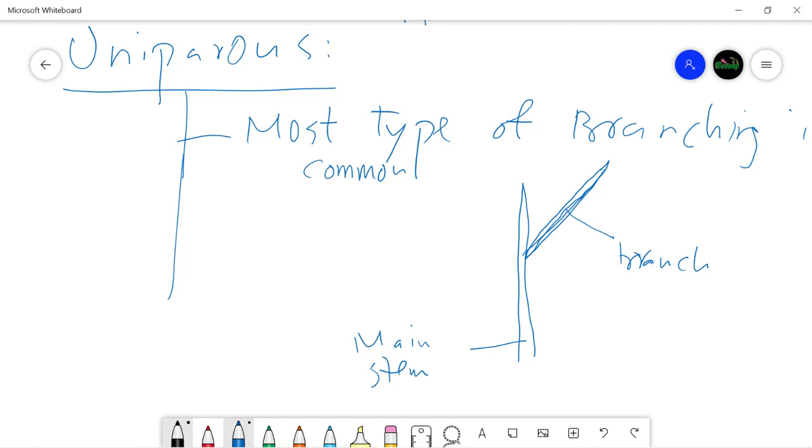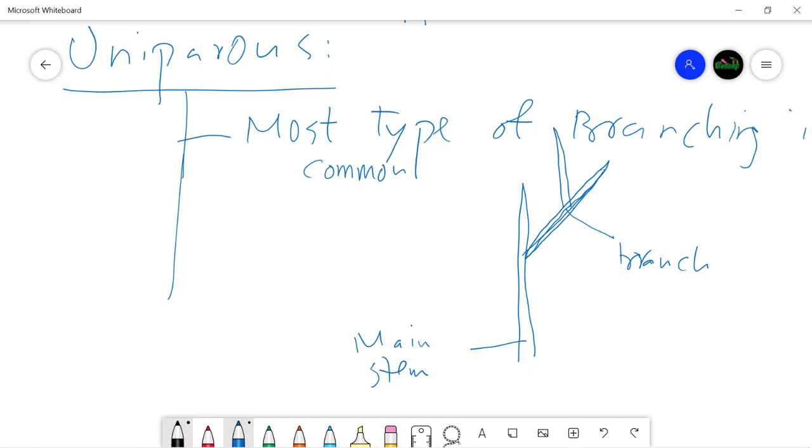I repeat again, the next branch may arise on the same side as this branch was given off from, the right side of the stem. So this is the right side, and it has two options. Either it can give off the next branch on the same side, that is on the right side, or it can give off a branch on the opposite side, that is on the left side. So this is another option.